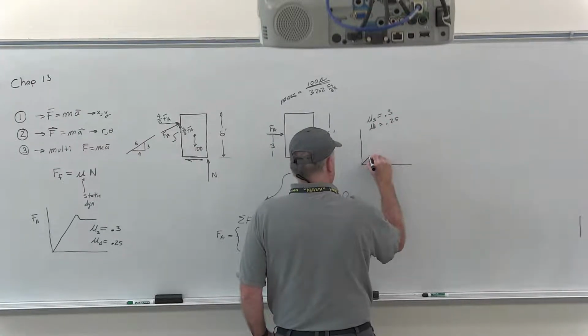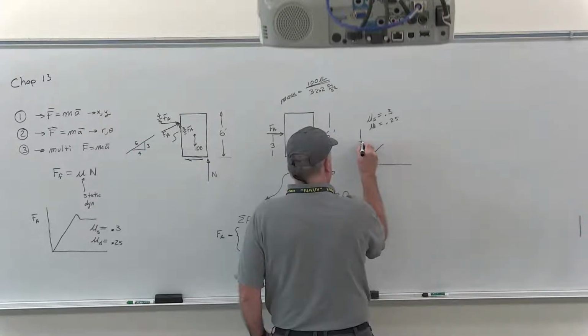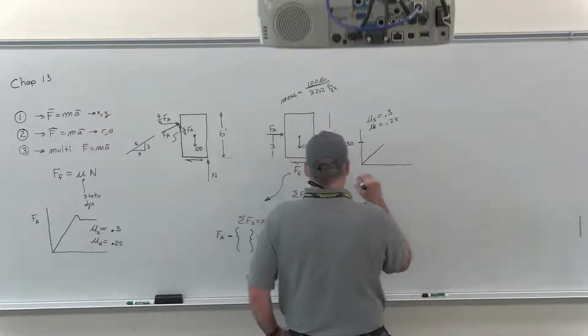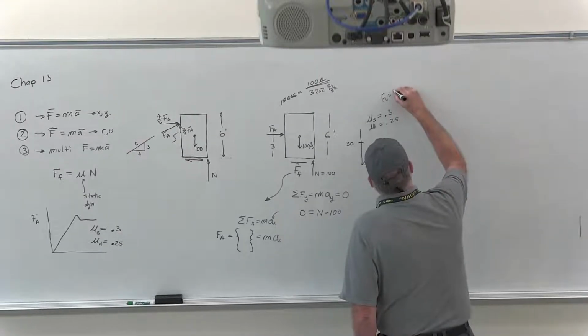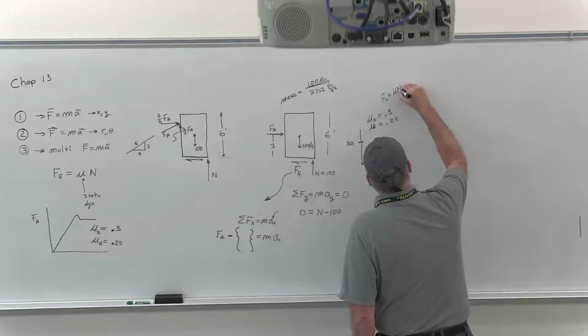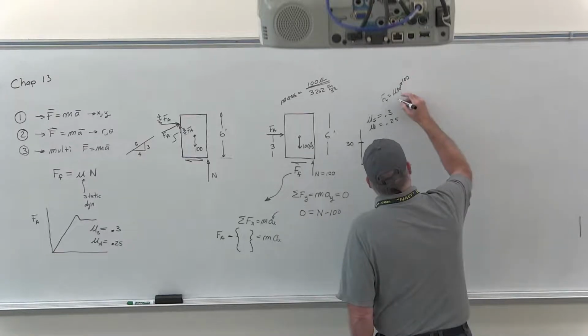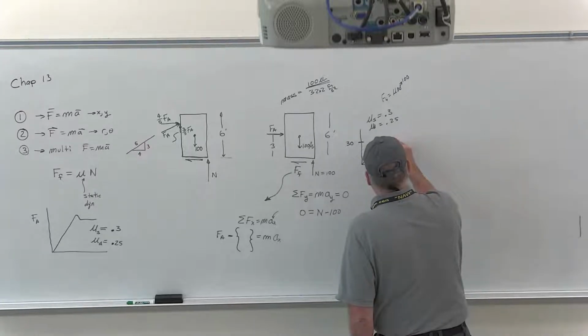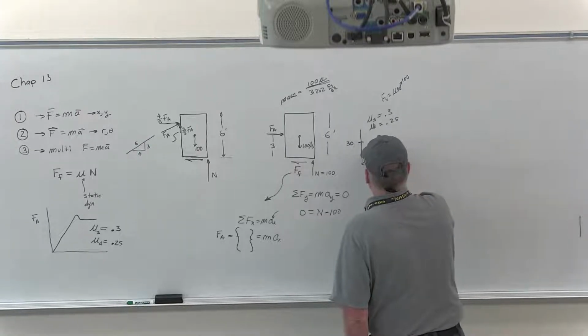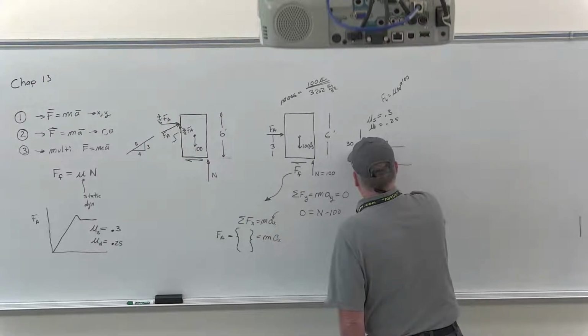So you push and push and push, and all of a sudden at 30 pounds, the force due to friction is equal to mu times normal, but that's 100. So for this one, you get 30 pounds. Once it broke free, it would be 25 pounds to keep it moving.